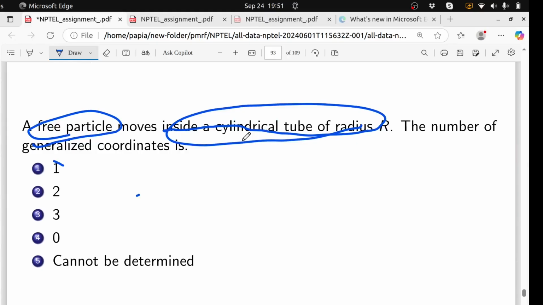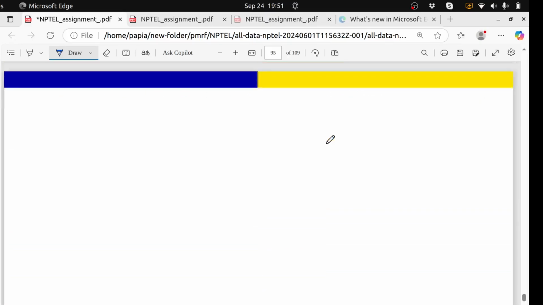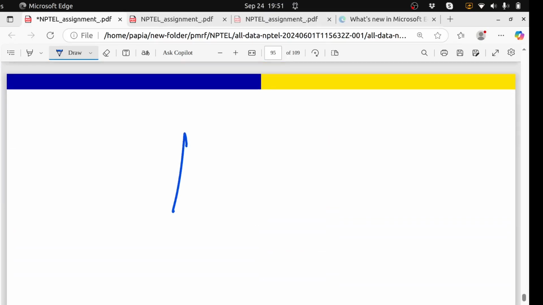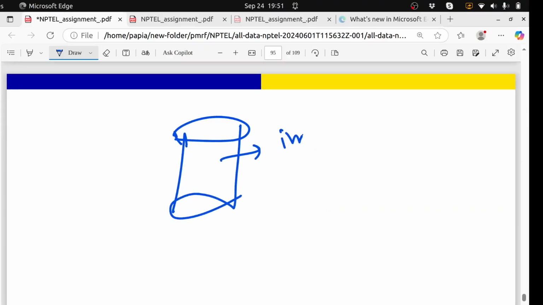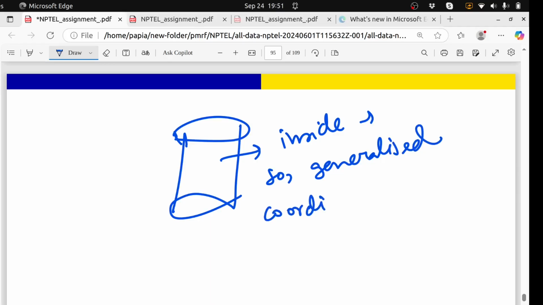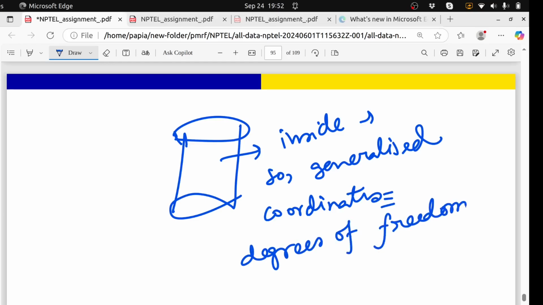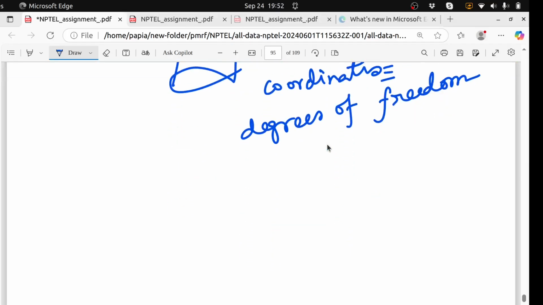And inside the cylindrical tube, the generalized coordinates, which is the degrees of freedom, is 3.